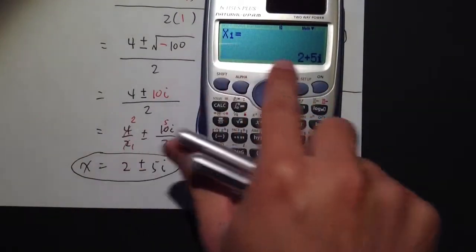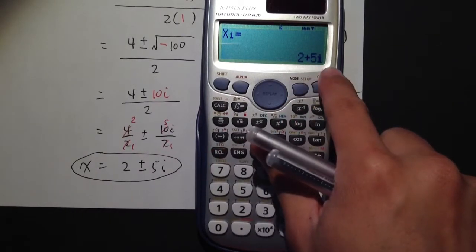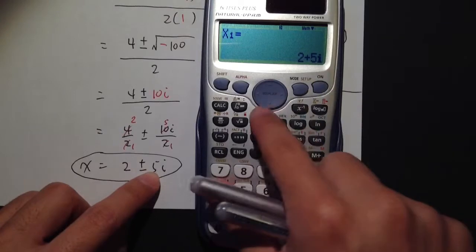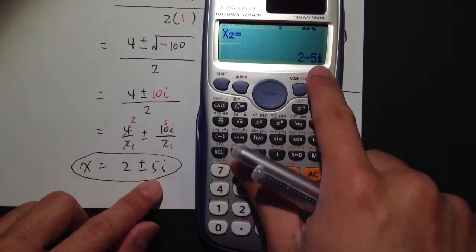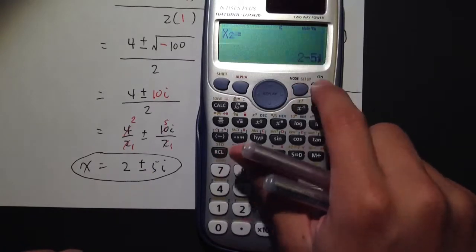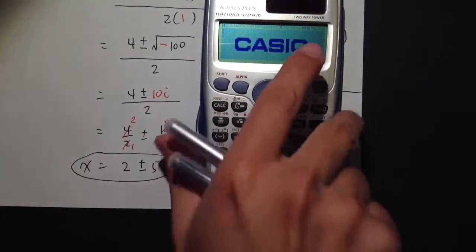First answer, we have x is equal to 2 plus 5i. That's exactly 2 plus 5i here. Go down, x2 is 2 minus 5i. And that's it, we're done. Mode, and then go to number 1. Turn it off.